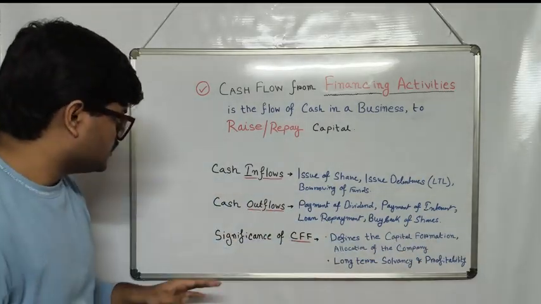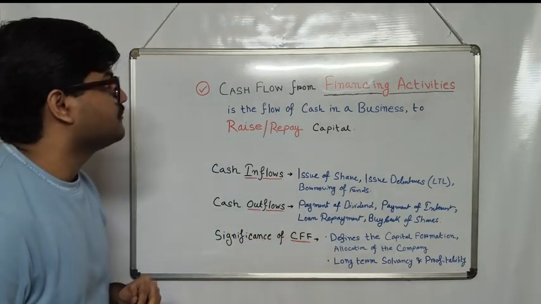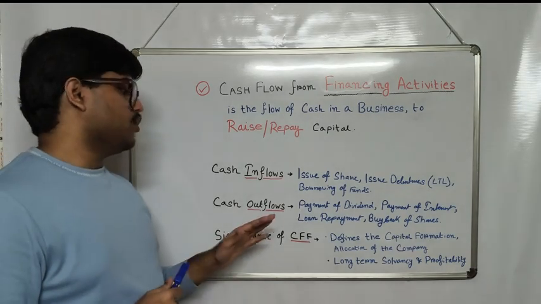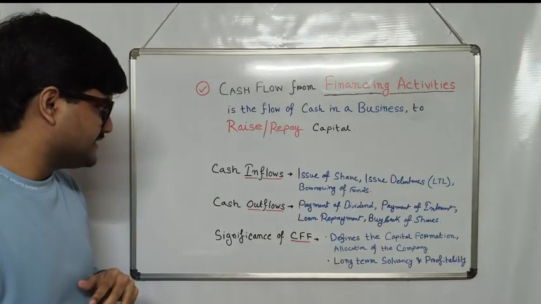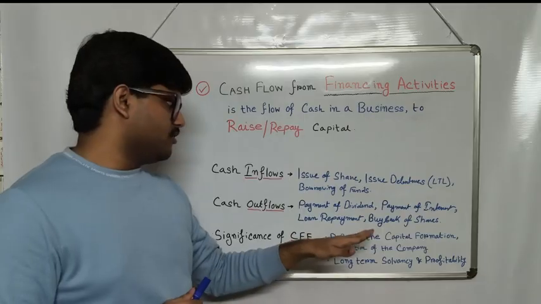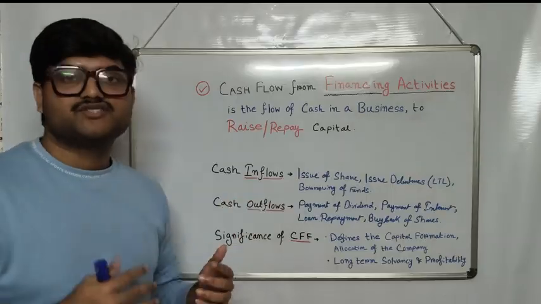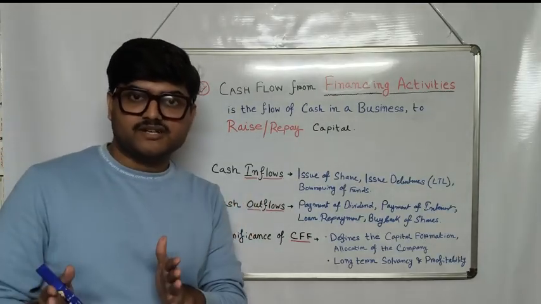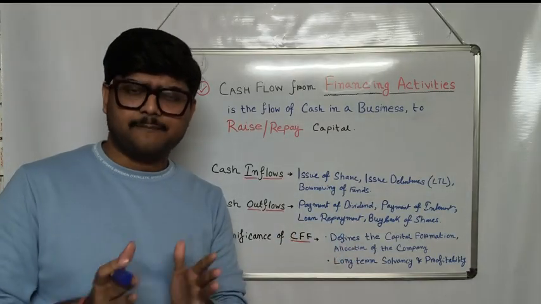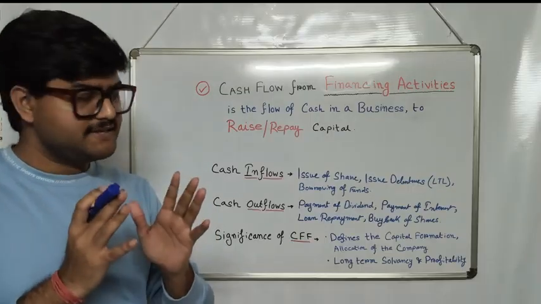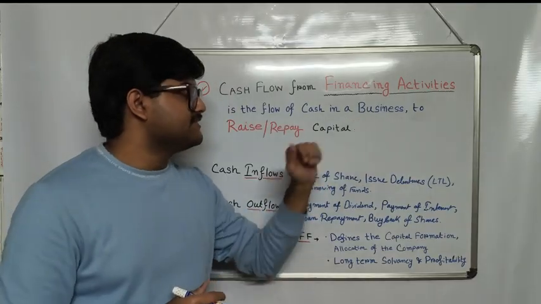Now we move on to the significance of CFF. The cash flow from financing activities is also called CFF. Okay, so the first significance is that it defines the capital formation or allocation of the company. You see that we are issuing shares, that means equity shares, and then we are issuing debentures. So equity capital, debt capital, these are all being talked about in the financing activities.